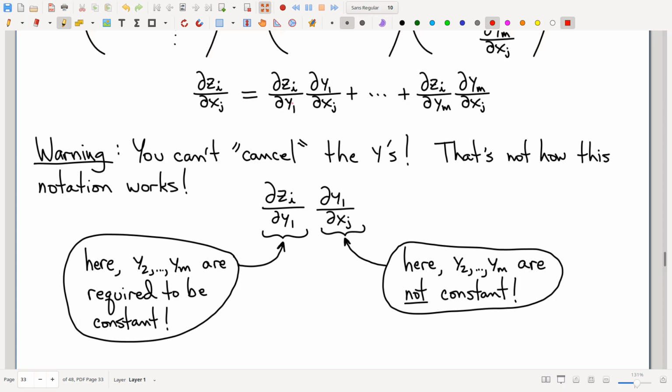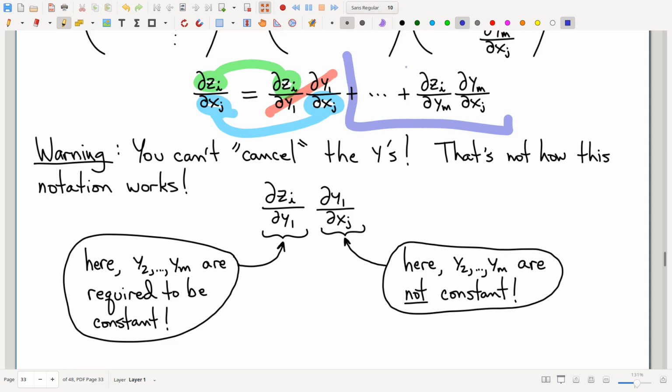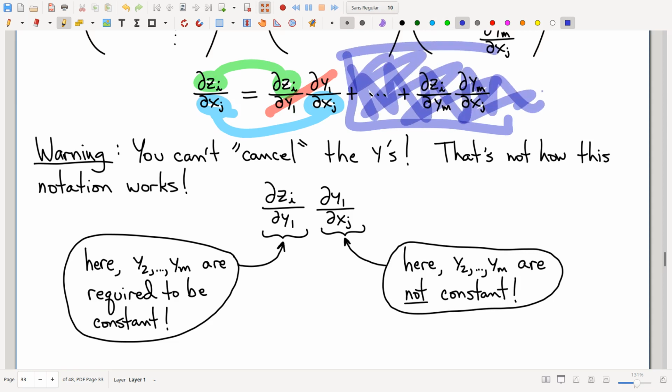It's tempting to say, okay, well, how about I'll cancel those, and then check it out. That is that, and that is that, and well, golly, I don't even need all of this stuff over here. We're already good with just that first term, right? Obviously wrong. Obviously, we need all those terms.